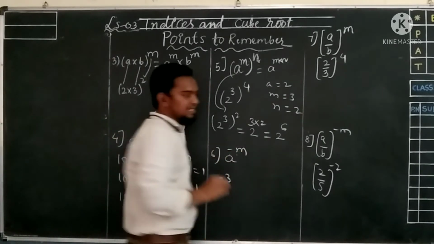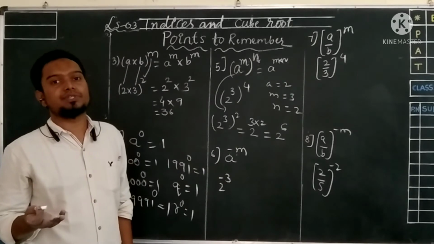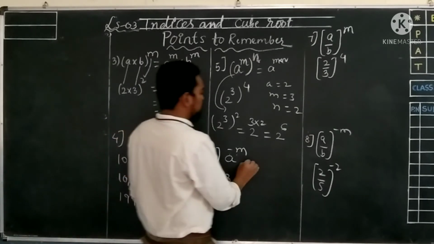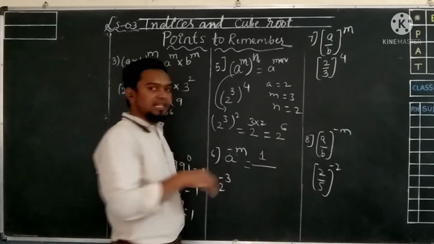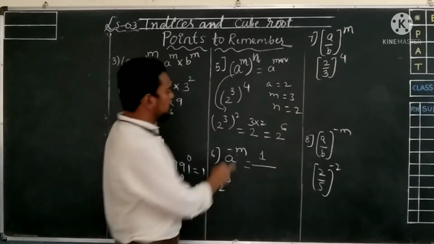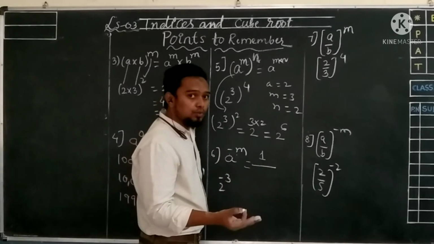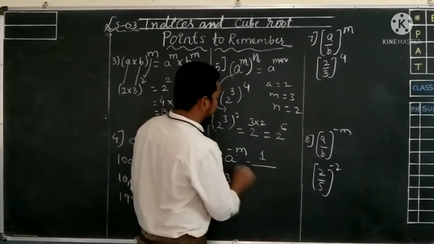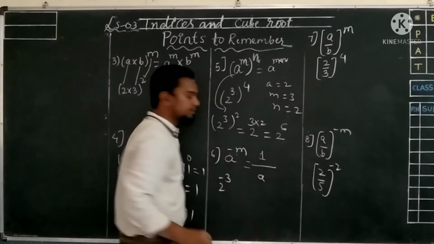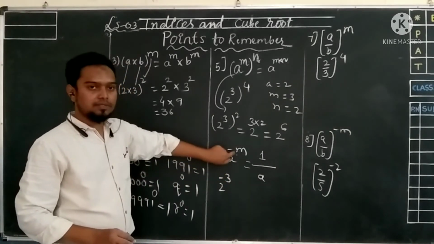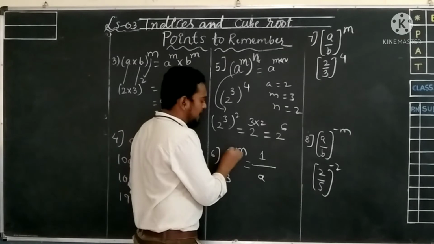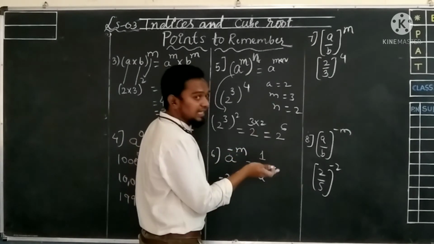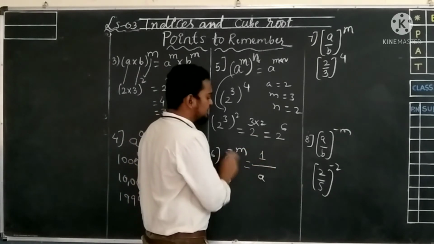This minus m is converted into positive. When we are taking 1 upon, the minus m is converted into plus m. Therefore, a to the power minus m means 1 upon a to the power m, because when we take the divide sign, the sign is changed.